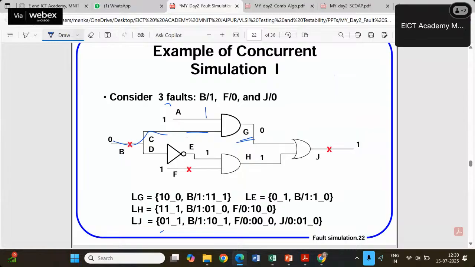inputs and outputs. So let's go to the next bit. So we are having the output L. To the next bit.